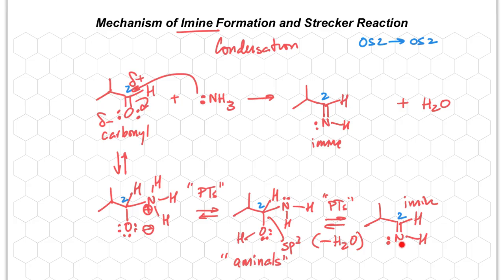So because that heteroatom is now nitrogen, it can still undergo the Strecker by adding cyanide to it, and then ultimately you get the alpha aminonitrile. Any questions?